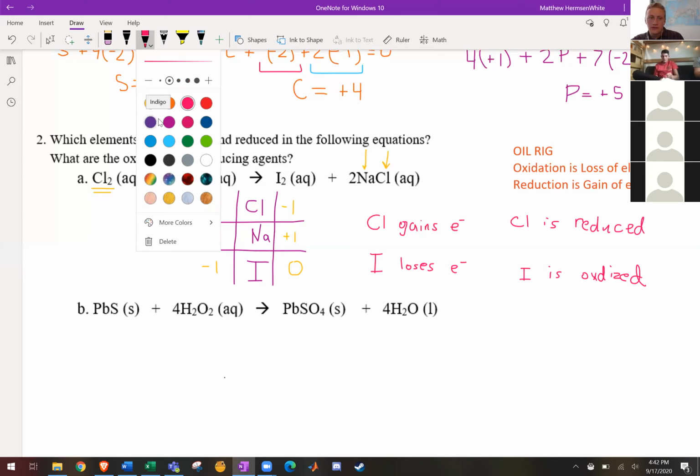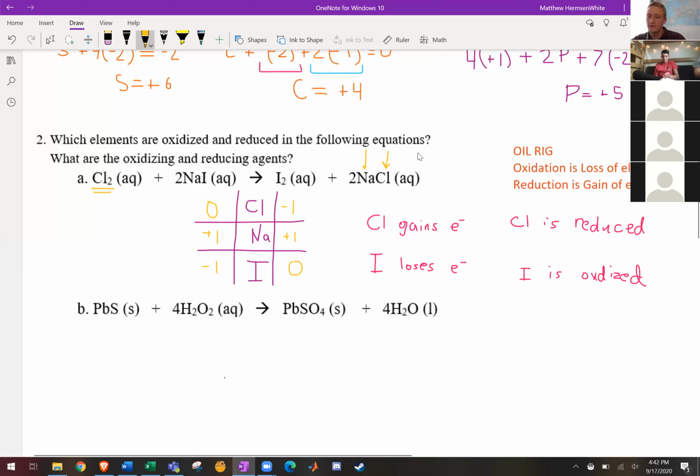Now, there's also another thing called the agents. The agents are what is doing the reducing or the oxidizing, and these are always the opposites. So if chlorine is reduced, that means it is the oxidizing agent. And if iodine is oxidized, that means it is the reducing agent.